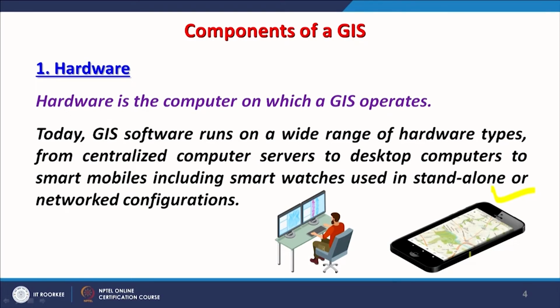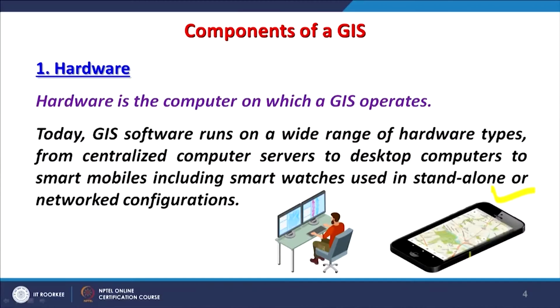So, GIS can run on a wide range of hardware types, from centralized computer servers to desktop computers to smart mobiles, including now even smart watches. Some stripped version of GIS or a very small utility of GIS is available, standalone GIS or network-based GIS, and then you use the GIS. So, the hardware now varies, with a wide range of hardware types on which GIS can run.